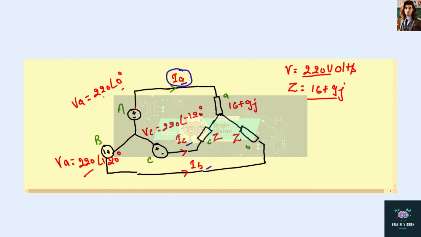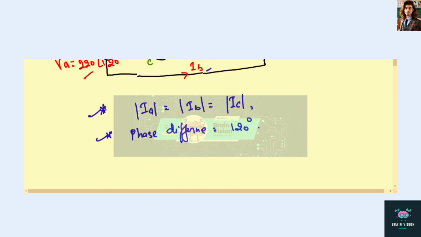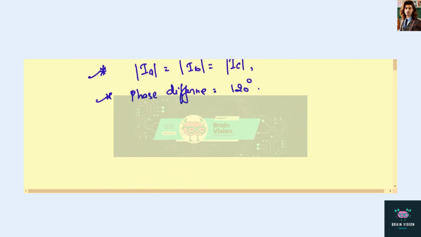Suppose VA is 220 angle 0, as I already said. We have a formula: vector Z is equal to vector V by vector I. So let's put the values in this formula.